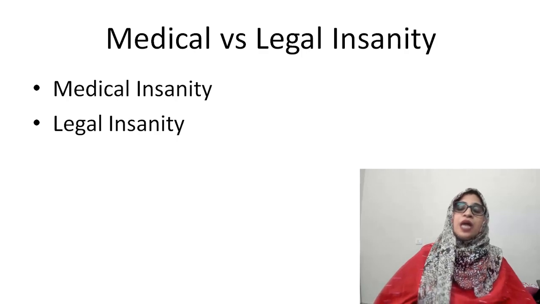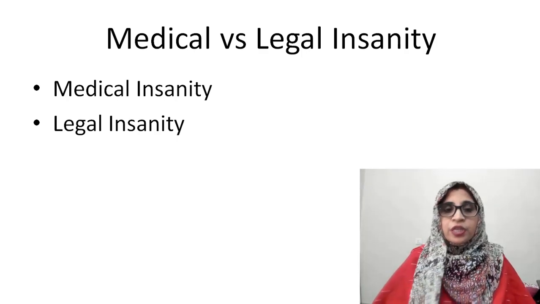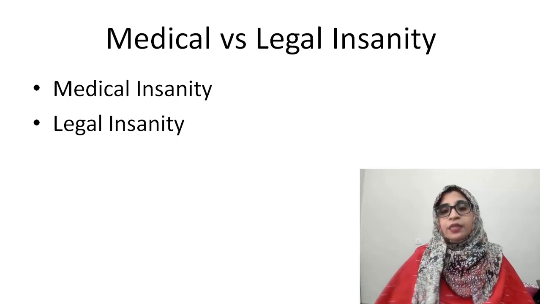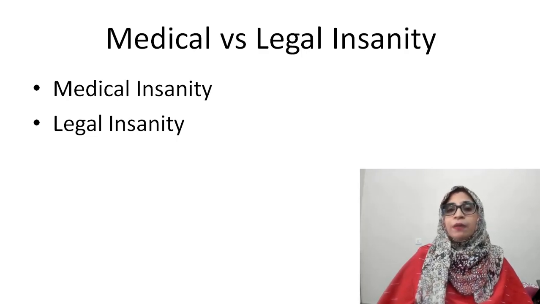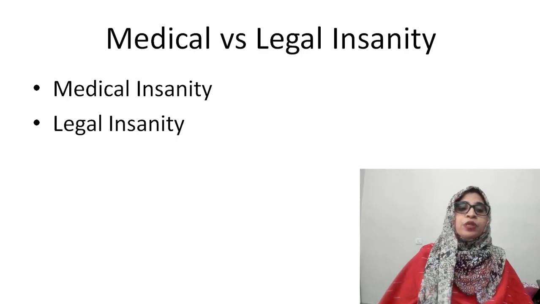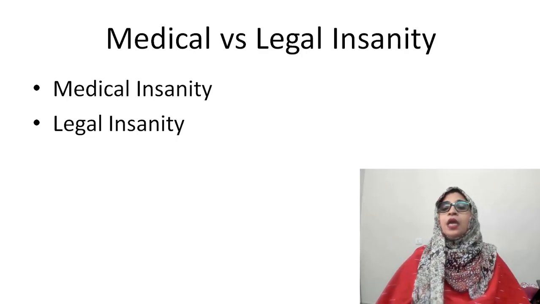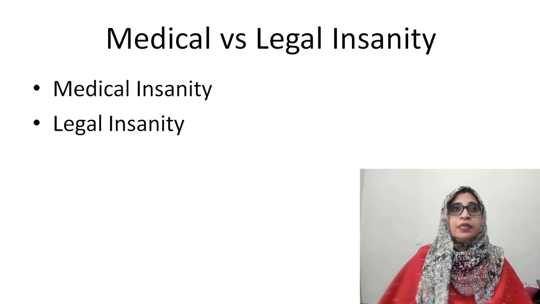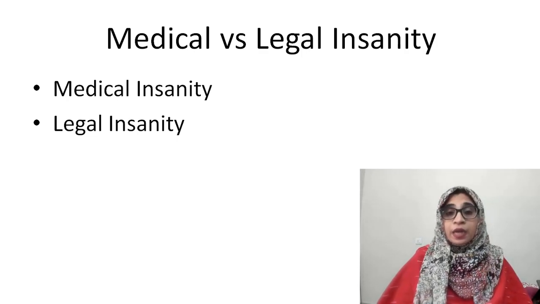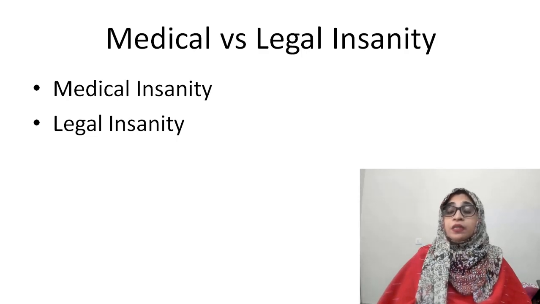So these are the things that differentiate medical insanity and legal insanity. In the Indian Penal Code, regarding criminal liability, they only prefer legal insanity and don't give importance to medical insanity. In medical insanity, a person might be suffering from an anxiety disorder or depression disorder.